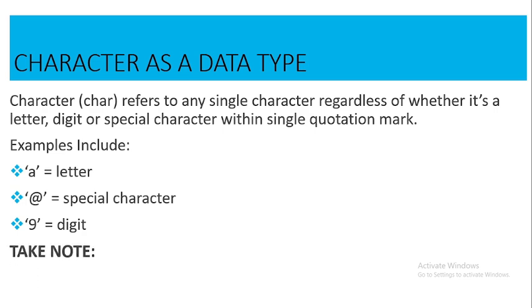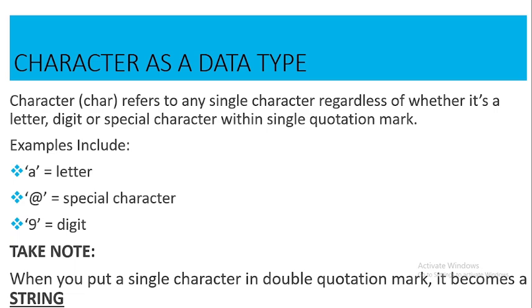Now I want you to take note that when we put a single character in double quotation marks, it becomes a string. That's why initially we said that everything we put inside double quotation marks is a string.